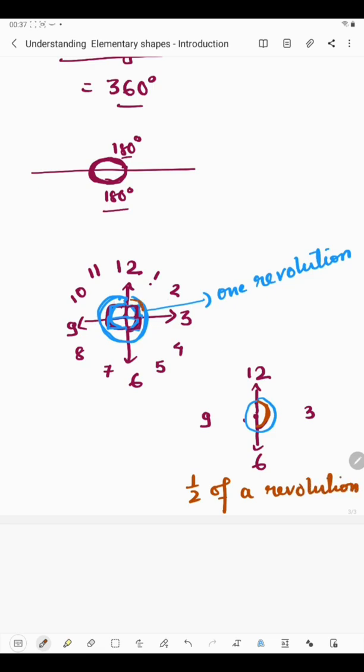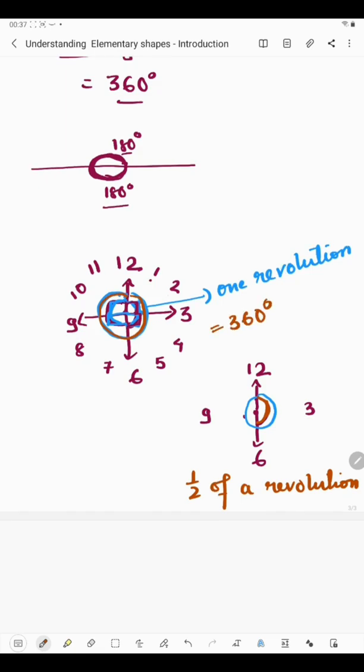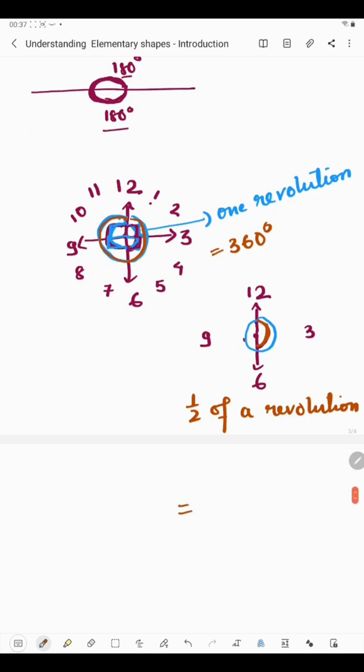One complete revolution means 360 degrees, isn't it? Half revolution means it makes 180 degrees. If you cancel zeros, 18 ones are 18, 18 twos are 36. So it's half of a revolution, and half of a revolution means 2 right angles.